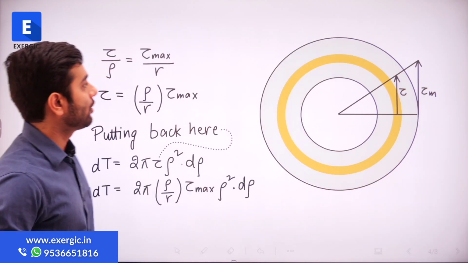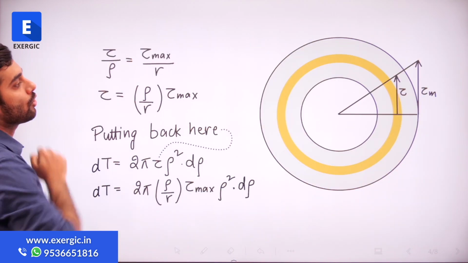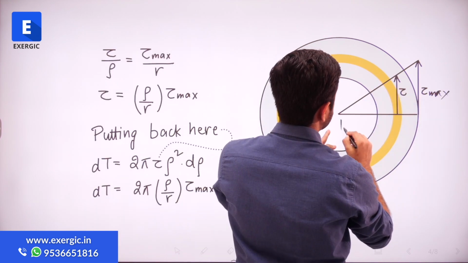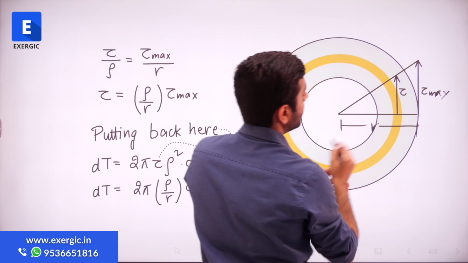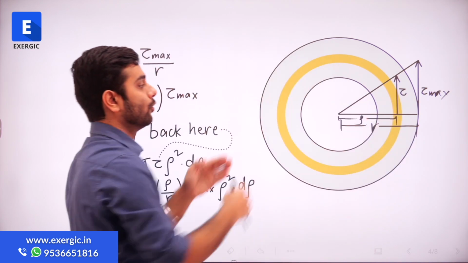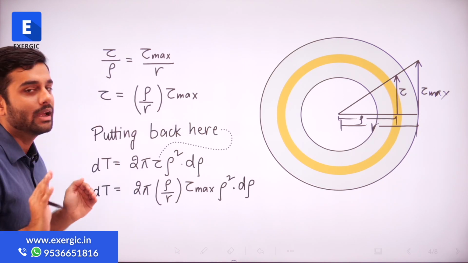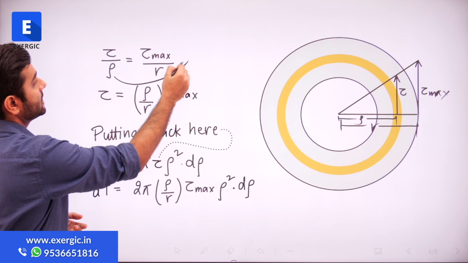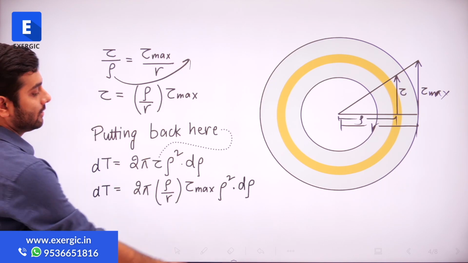And I have done that already. Tau by rho is equal to tau max by r. This is tau max, which is at a distance of r, and this is tau at any distance of rho, which is between r by 2 and r. If I put rho on the other side, I will get tau equals tau max times rho by r.